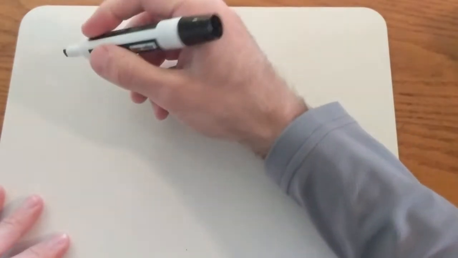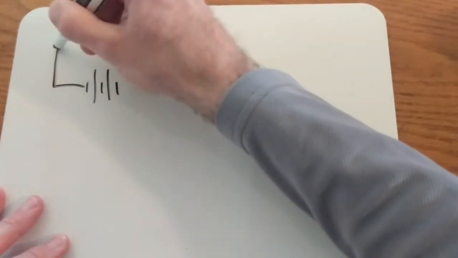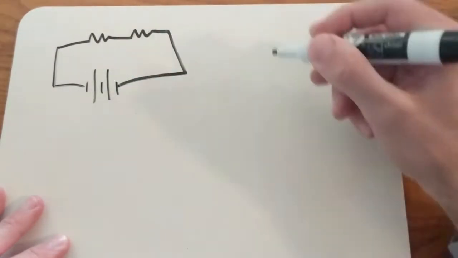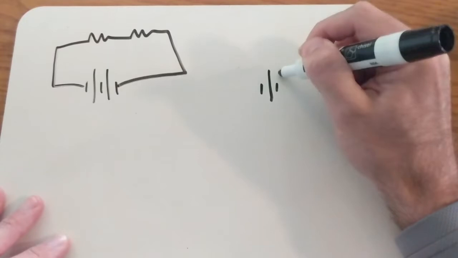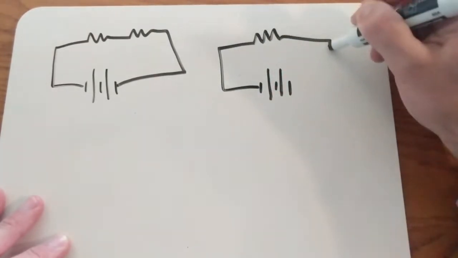Okay, so part B is asking for the total current flowing through the circuit. So what that means for us is, instead of dealing with this circuit diagram, which has multiple resistors, we are now able to deal with this circuit diagram.